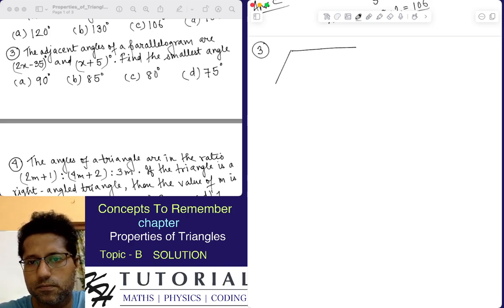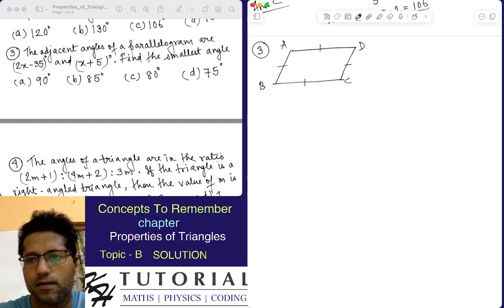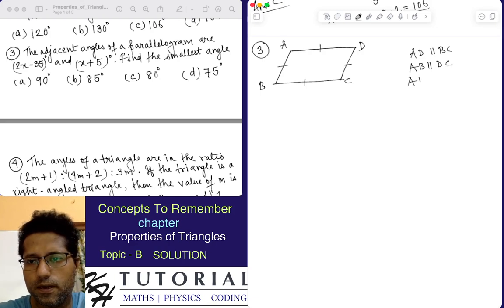Let's say this is the parallelogram ABCD, and we know that AD is parallel to BC, and AB is parallel to DC, and also AD is equal to BC and AB is equal to DC.